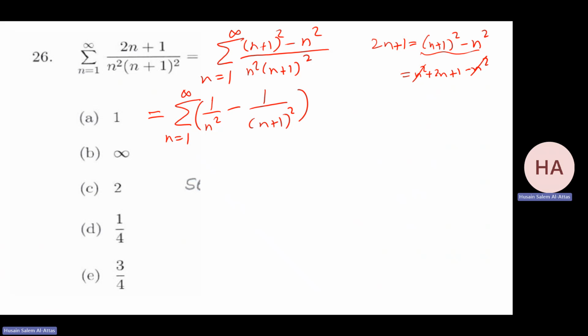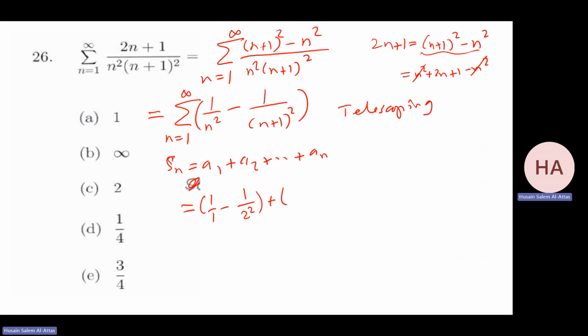Now if you open it up, that will be what? No, I need the Sn. This is telescoping, very clear. Let me show it. Sn is A1 plus A2 plus up to An. A1 will be 1 over 1 minus 1 over 2 squared. I leave it like this, 2 squared. With A2, it will be 1 over 2 squared, so this is cancelled.